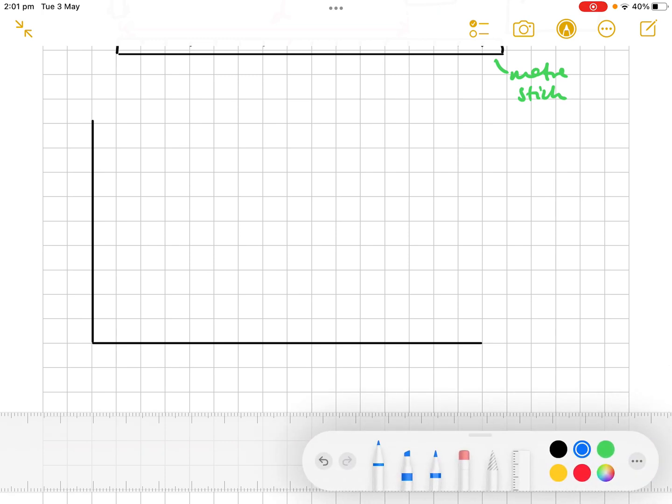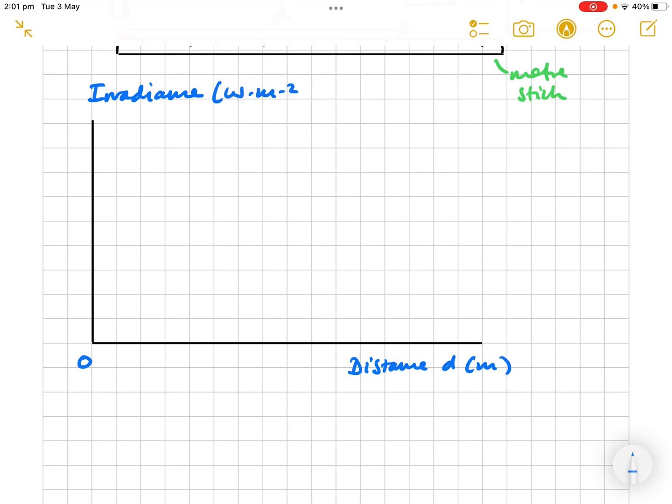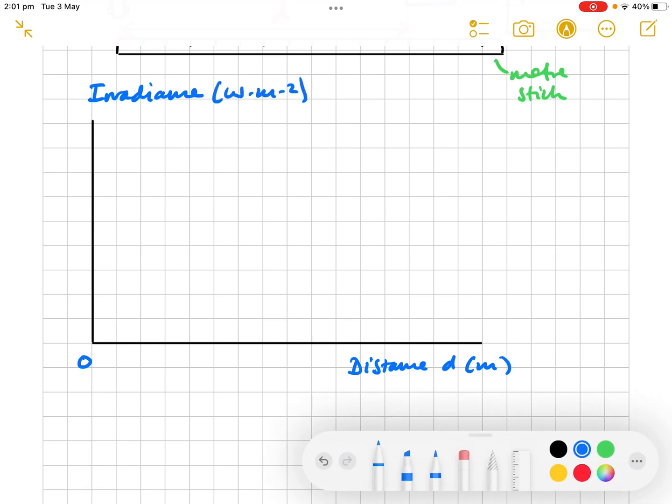So, in this graph, we have distance D in meters on the x-axis and irradiance in watts per square meter on the y-axis.